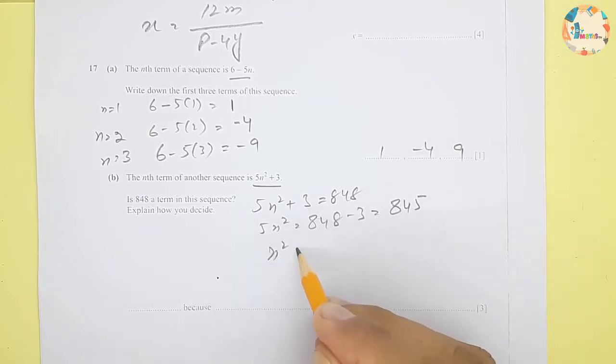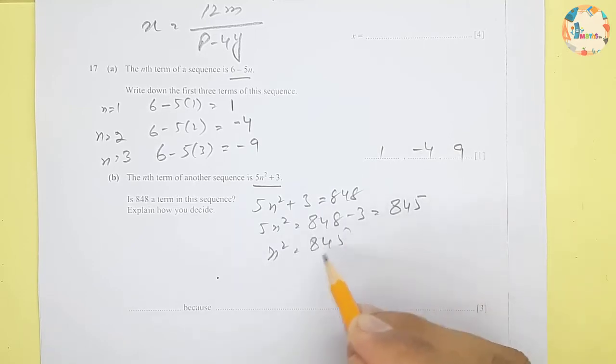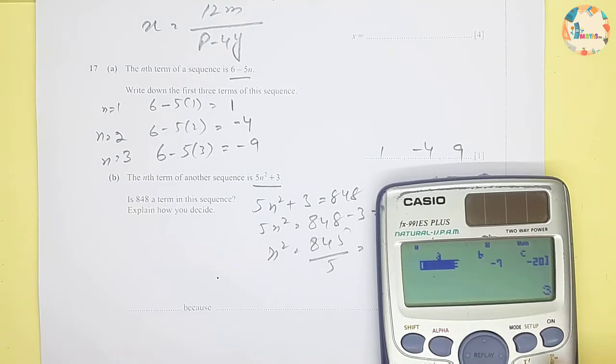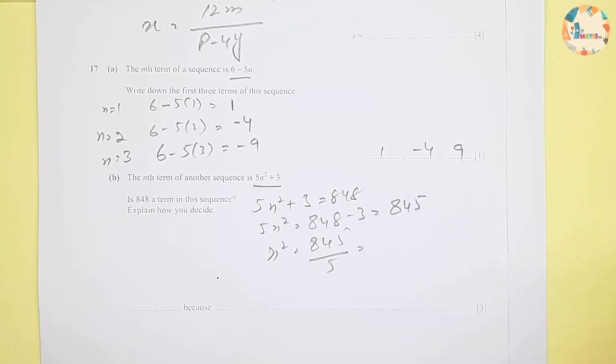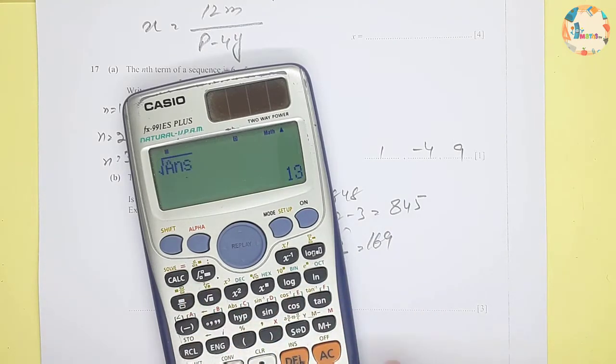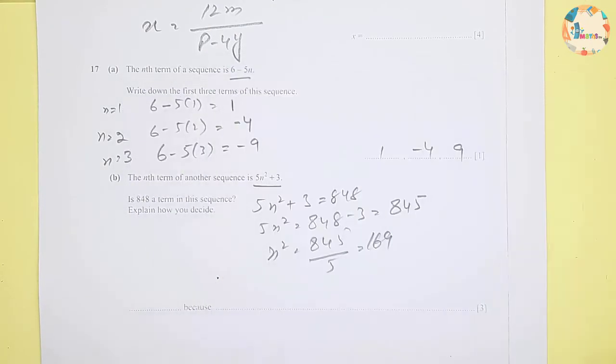So n square is equal to 845 over 5, and 845 divided by 5 will be 169. Root of 169 is equal to 13.